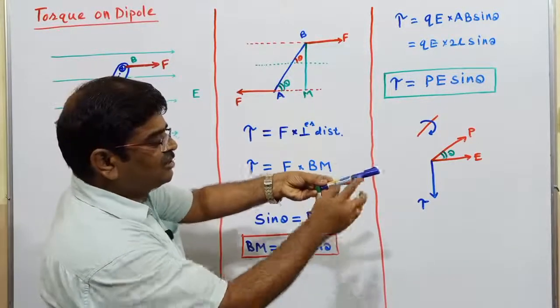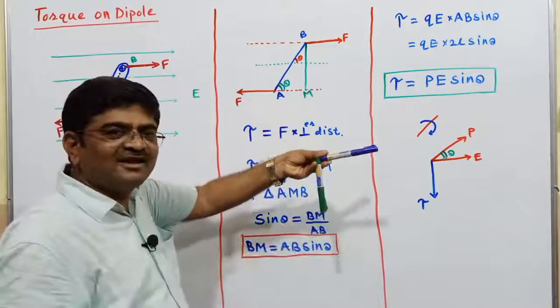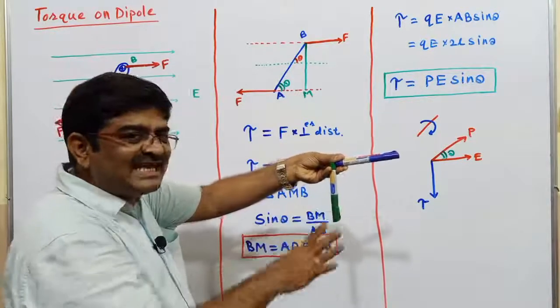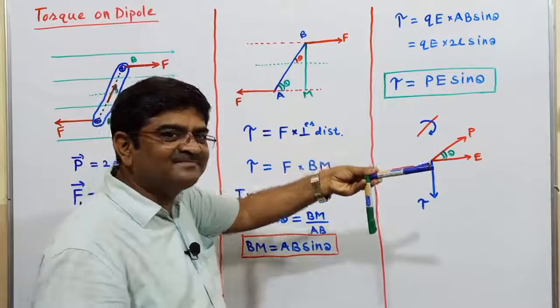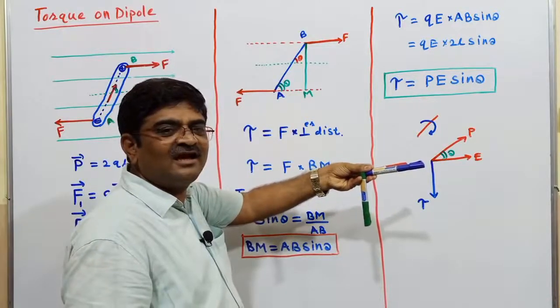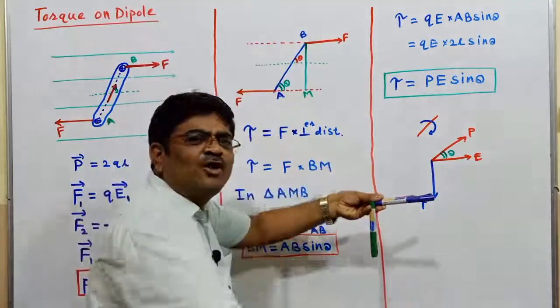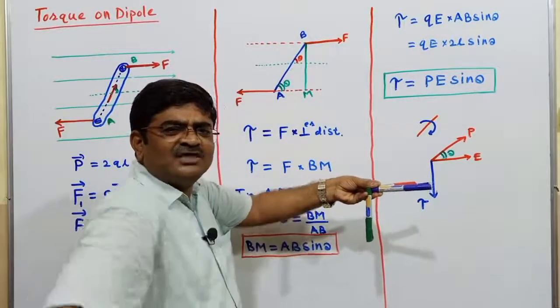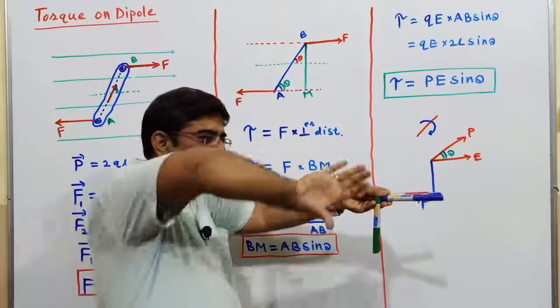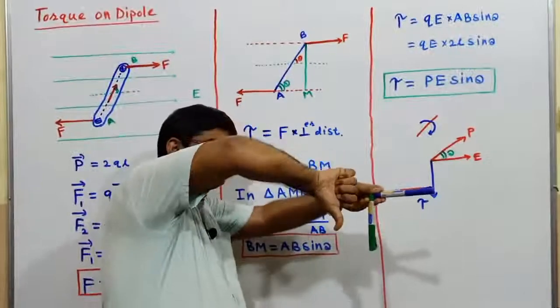Now I need to hold this as the axis in my right hand in such a way that my thumb should point downward, because already I have got to know the direction of torque is downward, let us say. So I have to hold like this.